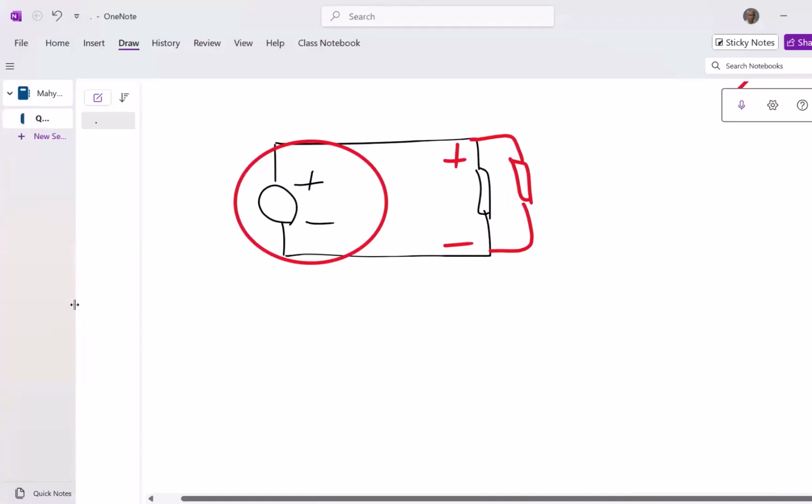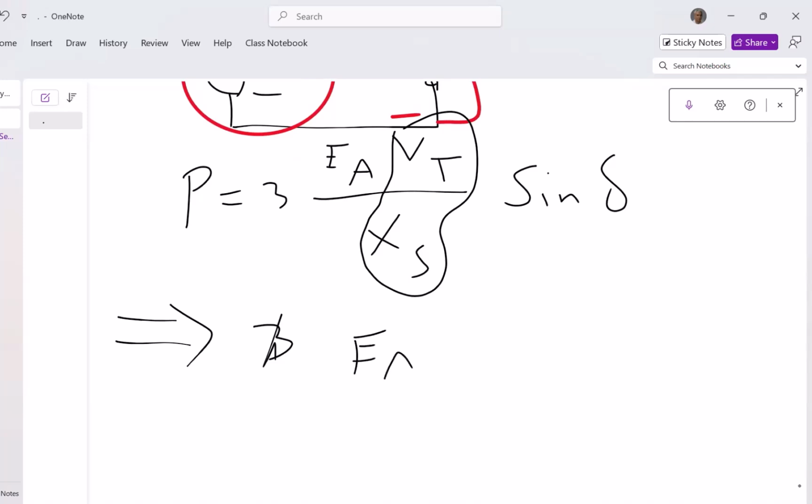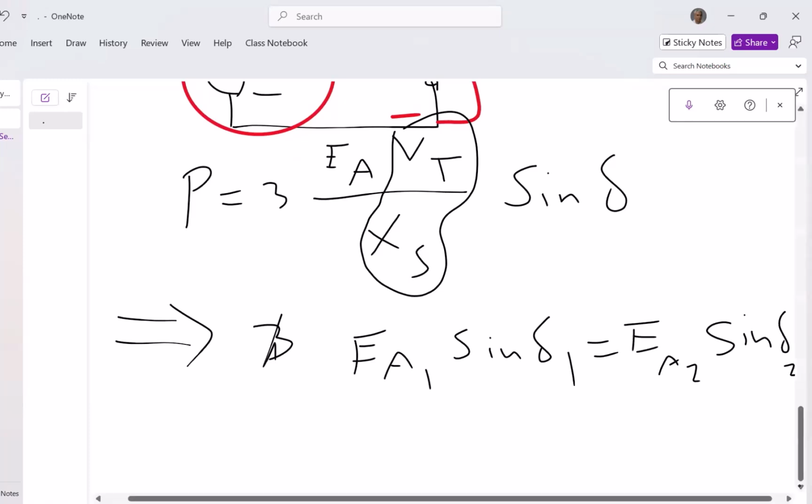If you're assuming that your motor is lossless, which is the case that we have, then P would be 3 times EA V over XS times sine of delta. If you're assuming that the terminal voltage and XS are constants, therefore EA1 sine of delta in the first condition would equal EA2 times sine of delta in the second condition.